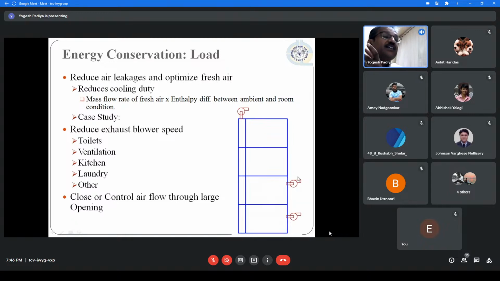Now this fan is continuously running. If this fan is running, it means that all the AC cold air is being sucked out by it. So at one place you are cooling the air, and at a second place you are literally throwing it away. If I stand here, you will find cold air is being thrown out into the atmosphere.